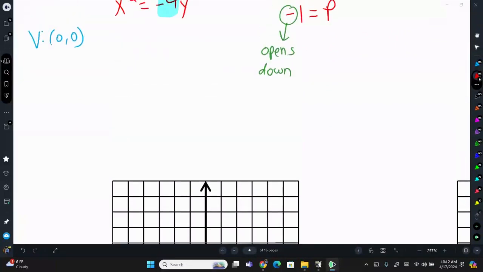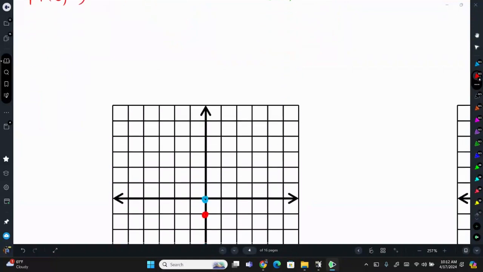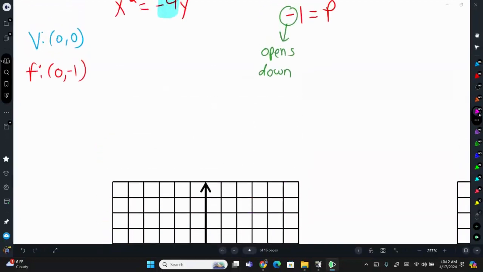So our focus is at 0, -1. Our directrix is 1 unit in the other direction. So our directrix is y equals 1.